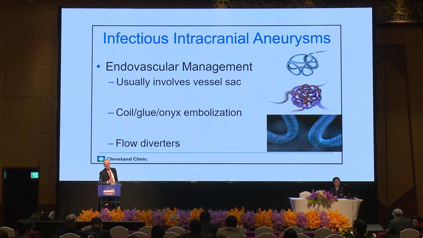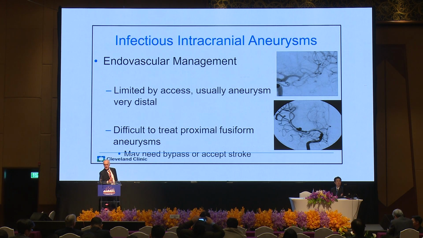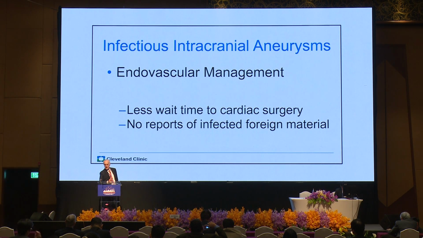So I refrained from that. But they have a lot of tools in their hands to manage these. Often they are very distal and difficult to access, and we think about them in a simplistic way. They think about how they can approach it.